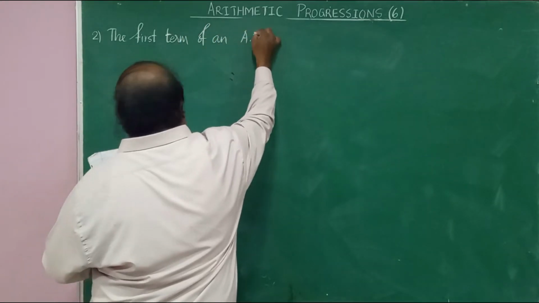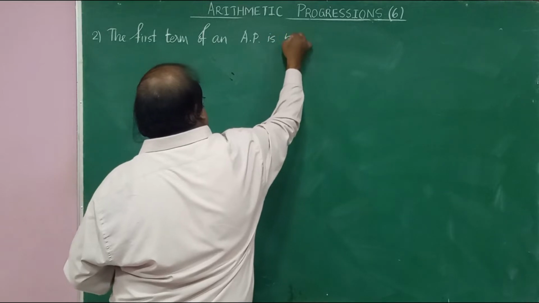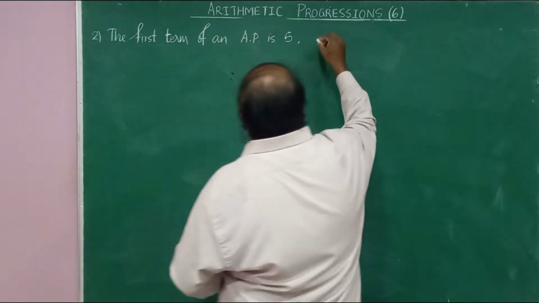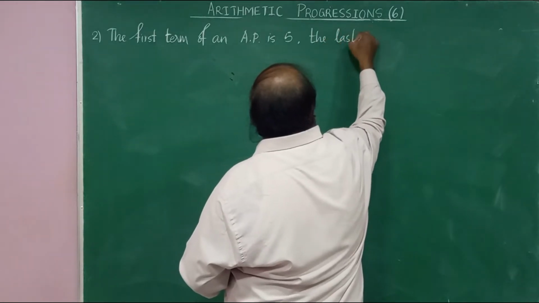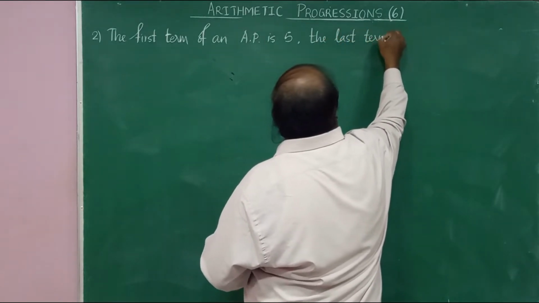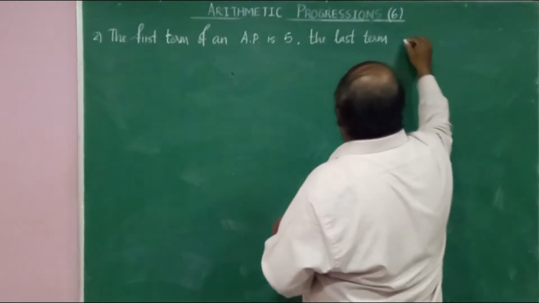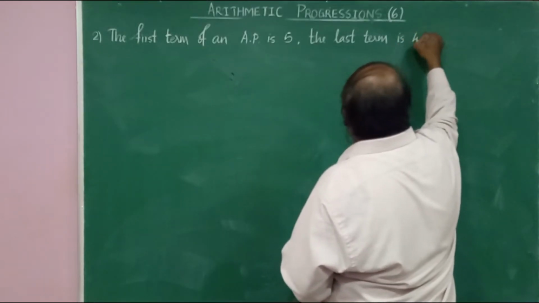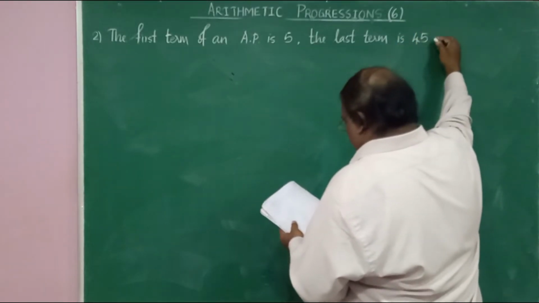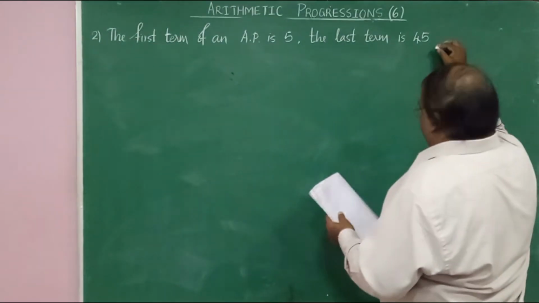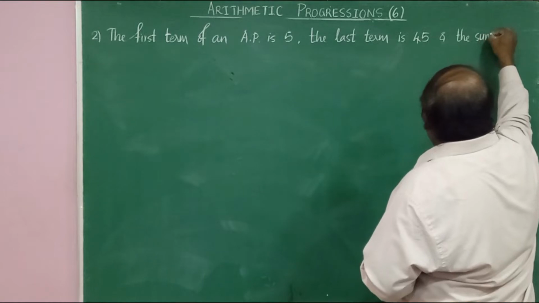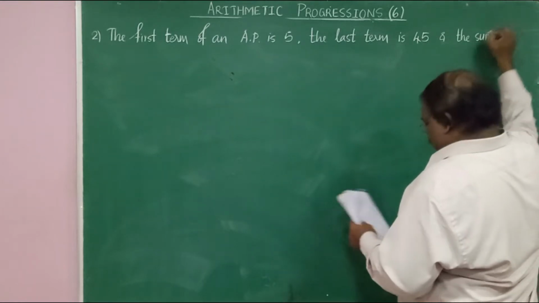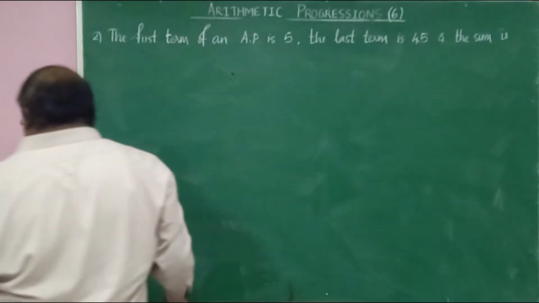The first term of an arithmetic progression is 5. The last term is 45 and the sum is 400.